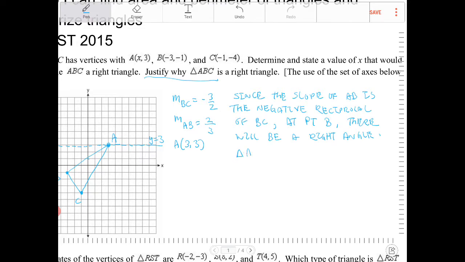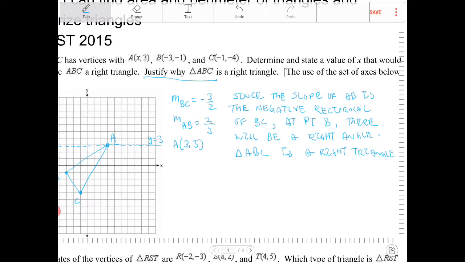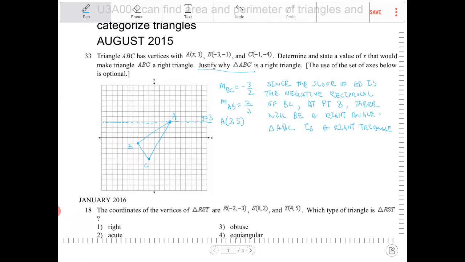Triangle ABC is a right triangle. And that's the justification.